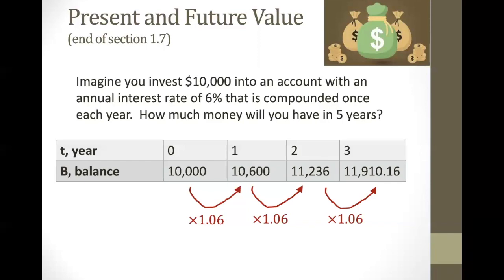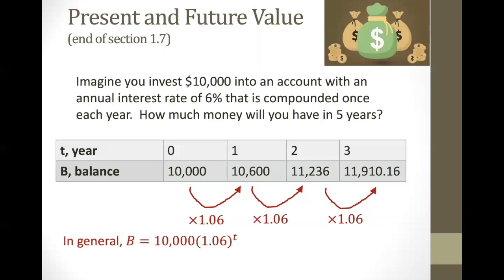But if we want to make projections far out into the future, then it's certainly useful to have a formula for this model. So in general, if I let B denote the balance in the account, then B is equal to 10,000, which is our initial balance, the initial value, times 1.06 to the t. So our growth factor is 1.06.